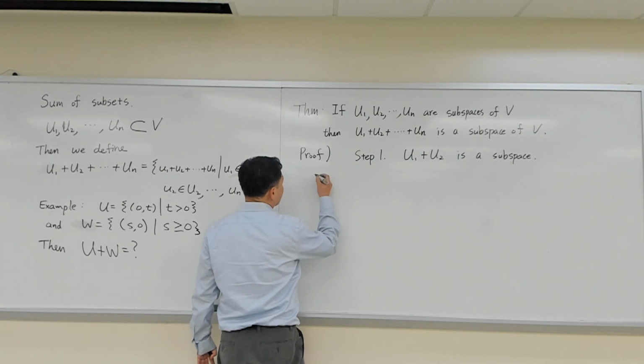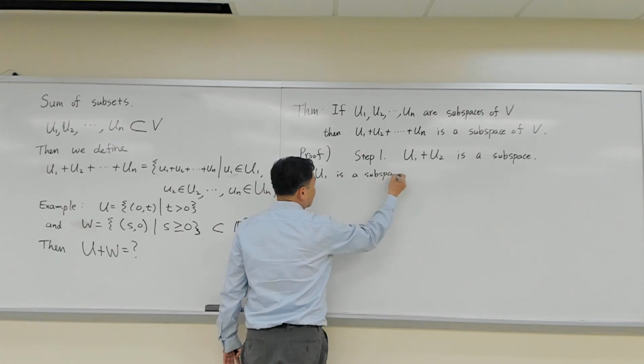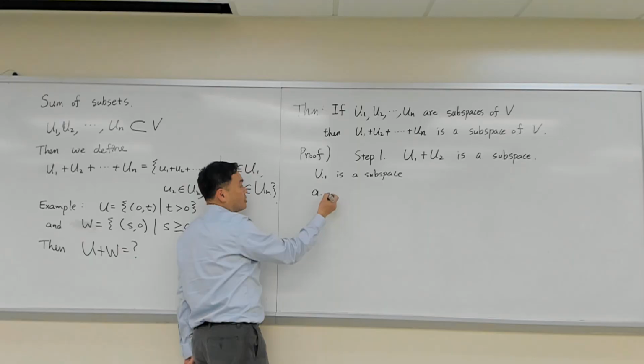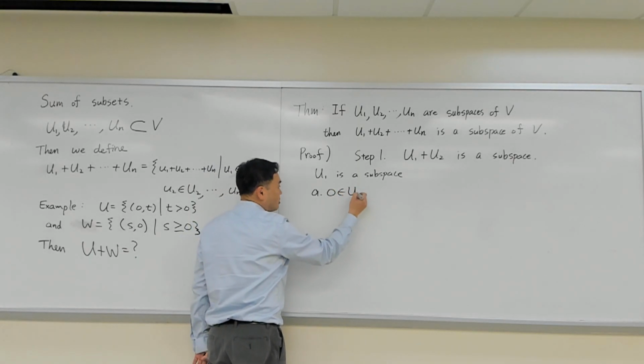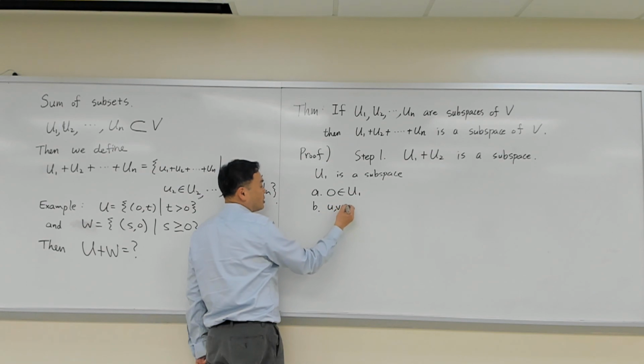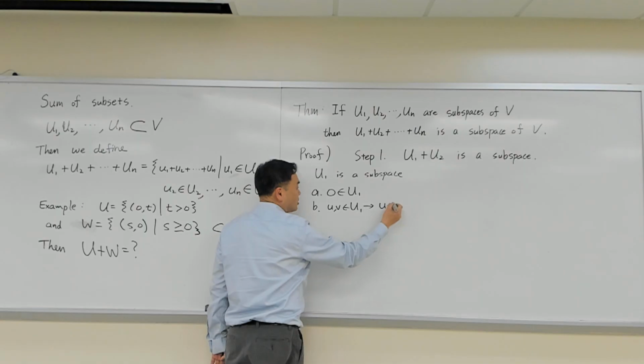Because U1 is a subspace, that means three things. A, what's the first one? Contains 0. 0 is in U1. B, if u, v is in U1, that means u plus v is in U1.